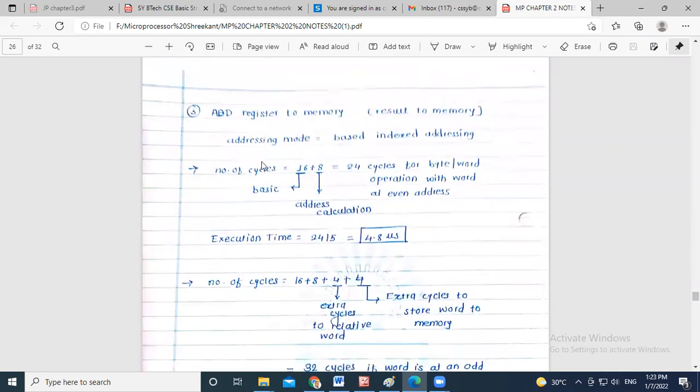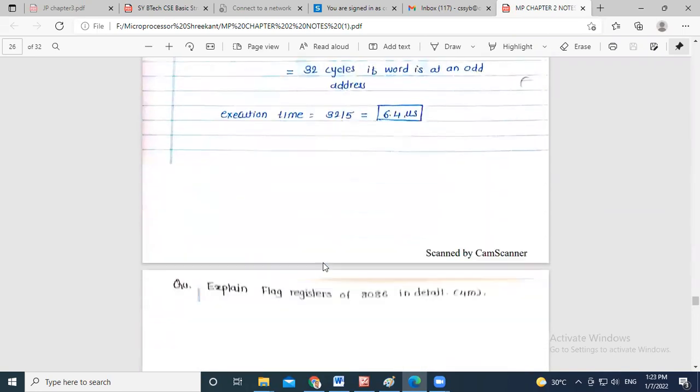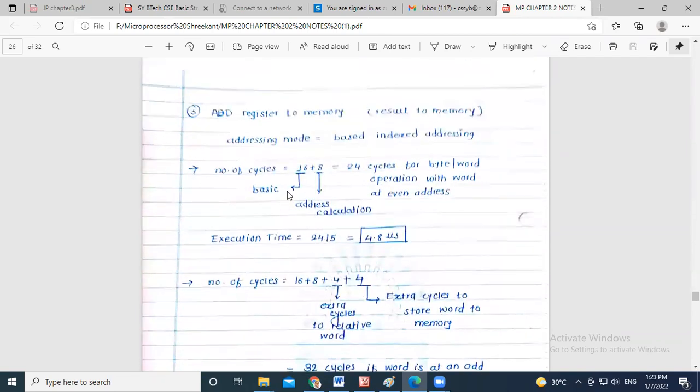In this way, I have given 2 to 3 examples here. Okay, one more example. In the third example, add register to memory. Here also the number of cycles is 16 plus 8, as given for the register base with addressing calculations, and 16 plus 8 is how much? That is 24.